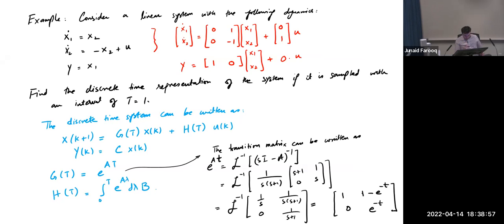So we've got the G of T, but the small t has to be replaced by capital T, which is 1. So let's go to the next page.